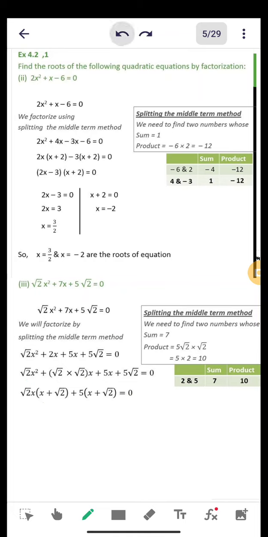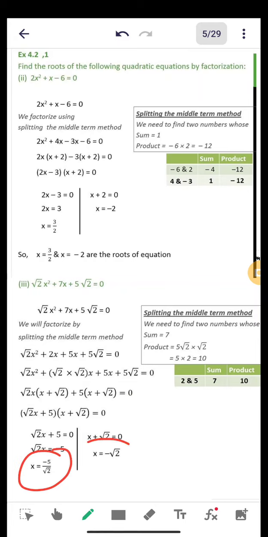And 5 is common from the next two terms; here also what remains is x plus root 2. Then taking x plus root 2 common again, we get our answer as (root 2x plus 5) into (x plus root 2). So x will be equal to minus 5 by root 2, or x is equal to minus root 2.